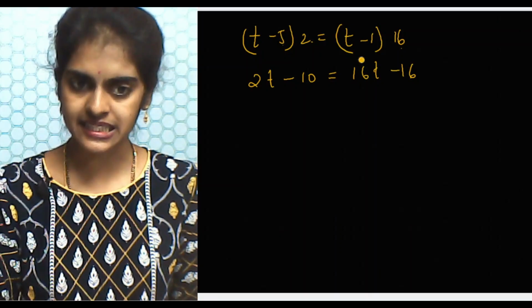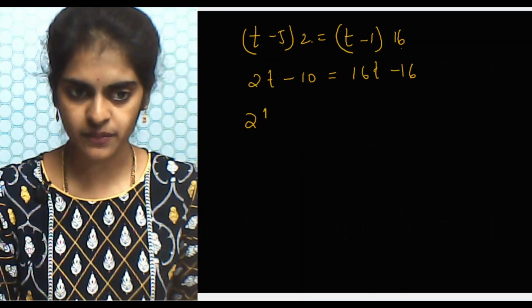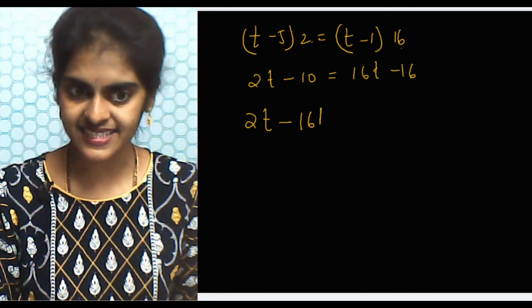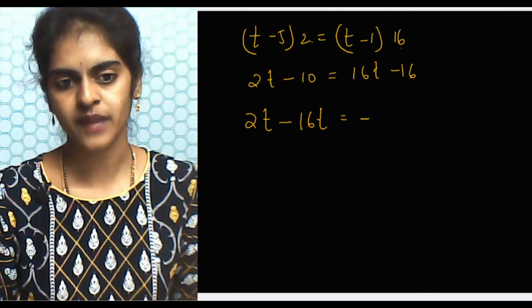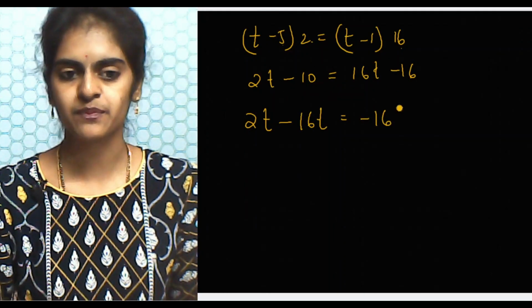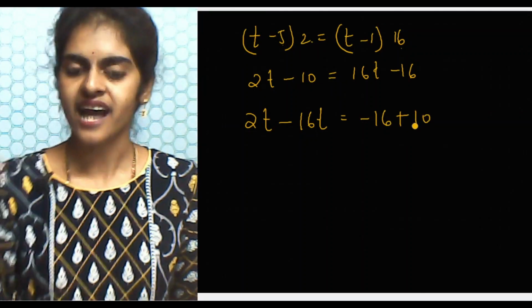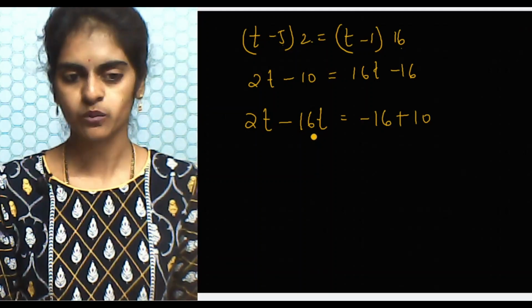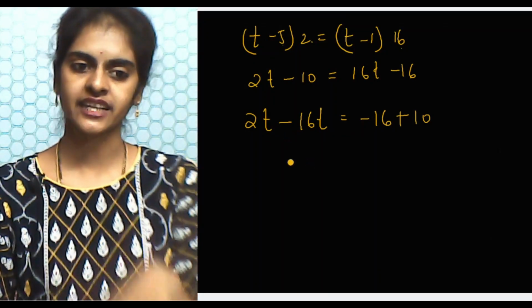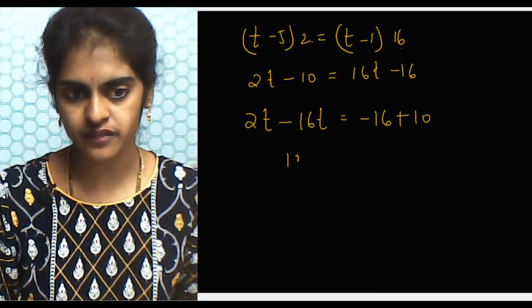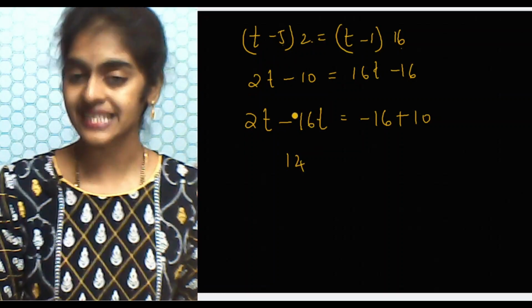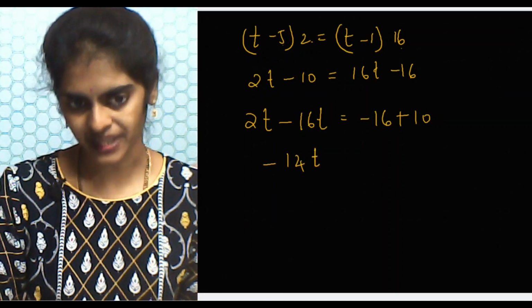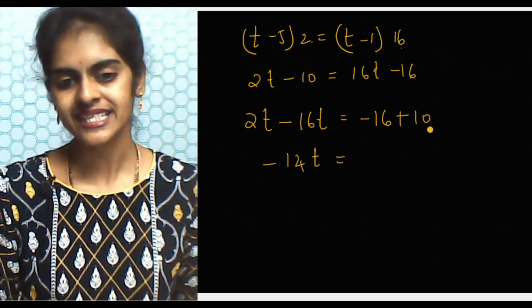Now send this 16t to LHS, so it becomes 2t minus 16t is equal to, you have minus 16 here. Now send this minus 10 to RHS, it becomes plus 10. Okay, so 2t minus 16t. One is positive, one is negative. So subtract. So 16 minus 2 gives you 14. And the bigger number is 16, which has a minus sign. So write minus.